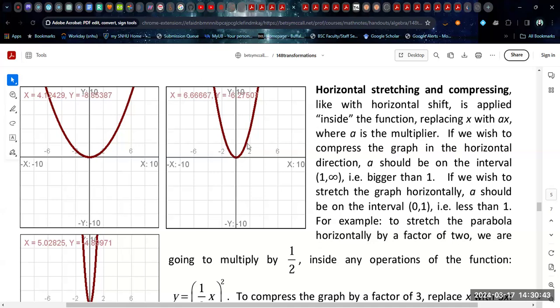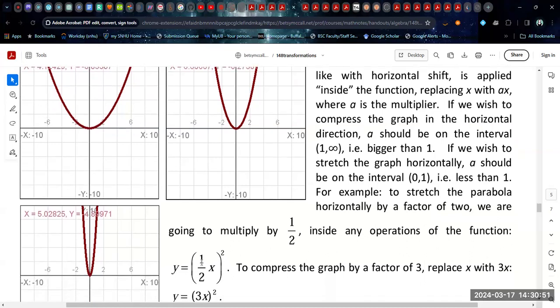So again, here is my basic function, y is x squared. And if I use a multiplier of 1/2, I'm actually going to get this graph right here. So again, we want to think about why this is working this way. Essentially, on this original graph, if I put 1 in for x, then my y value on the graph will be 1.